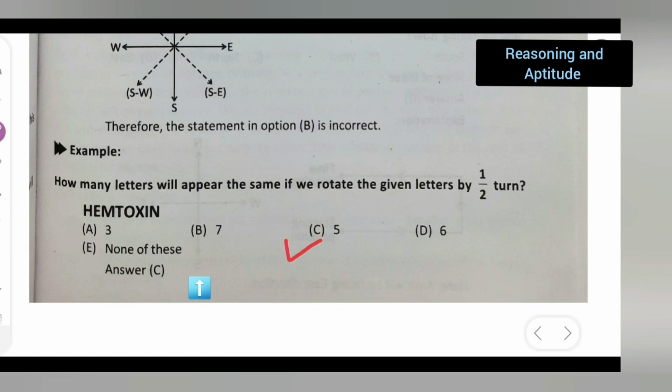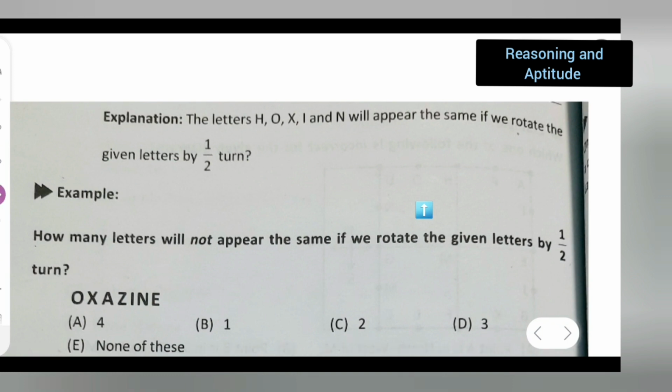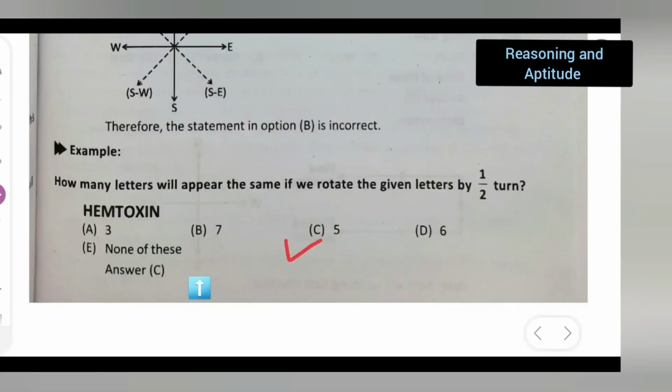Why option C? I have given you all the explanation right over here. The letters H, O, X, I and N will appear the same if we rotate the given letters by 1/2 turn. So there are how many letters now? 5 letters. Only 5 letters will rotate.